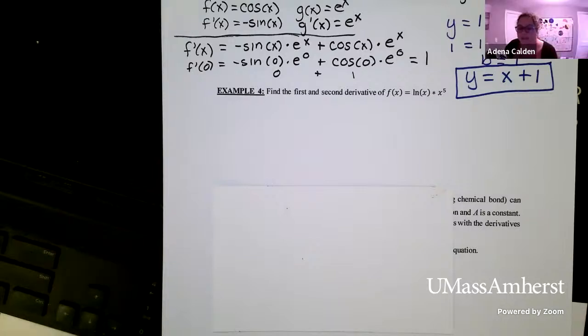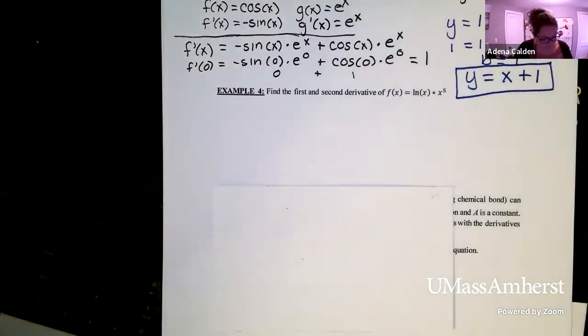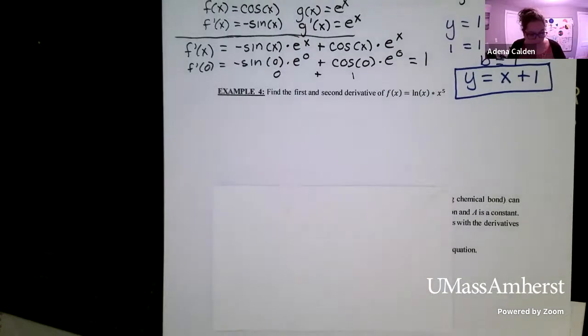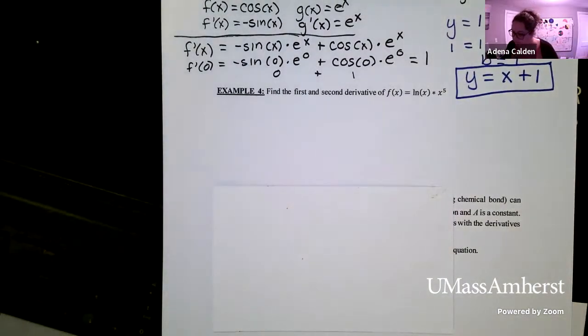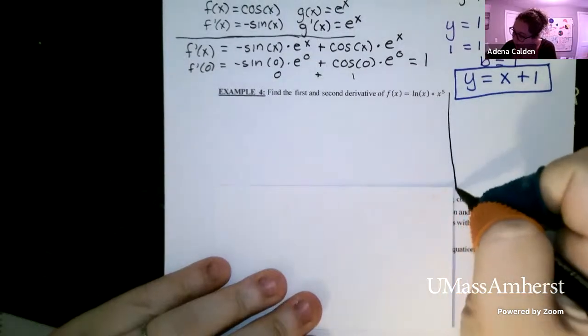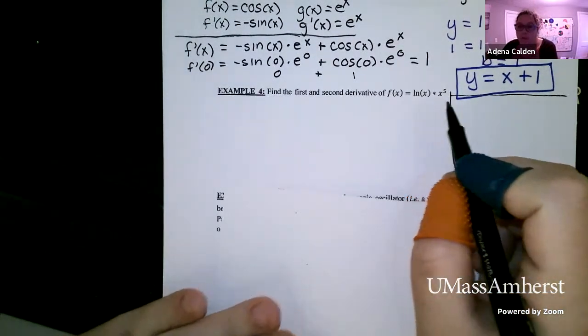Okay, take about 30 more seconds. Okay, so again, we notice that we're doing a product rule because we have two things multiplied together.